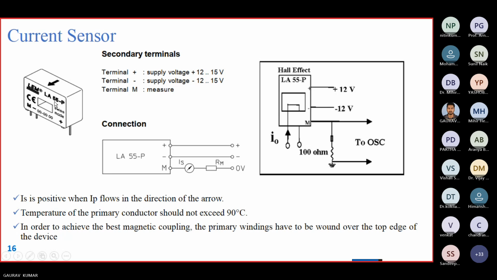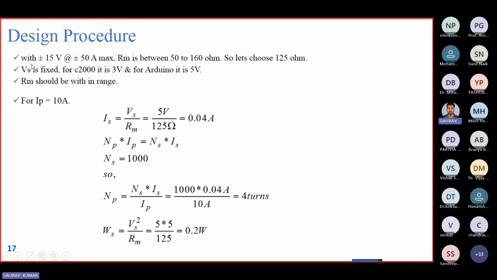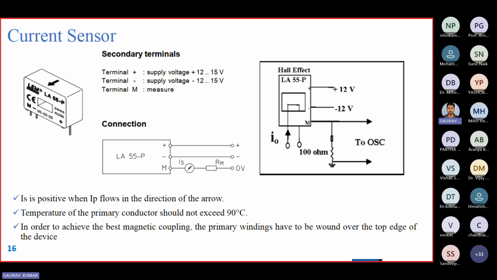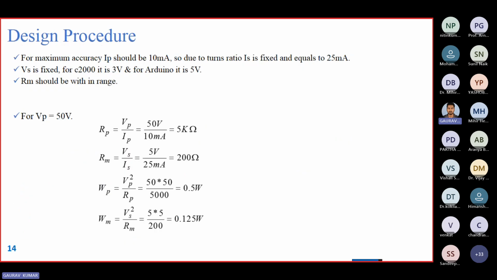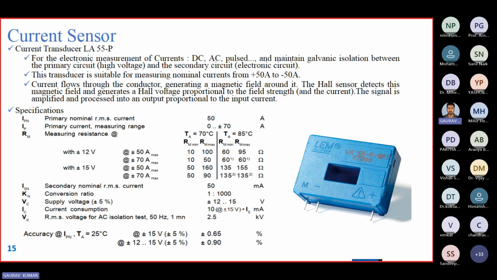So this is the design procedure. We are supplying plus minus 15 volt, and the maximum range is plus minus 50 ampere. For this specification, RM should be between 50 to 160 ohm. With the help of the specification, we can see it is written that for a plus minus 15 volt supply and 50 ampere maximum current, if you want to sense, the resistance would be between 50 to 160 ohm.